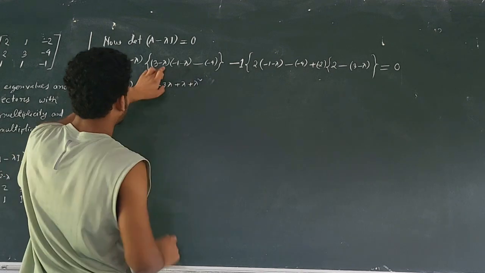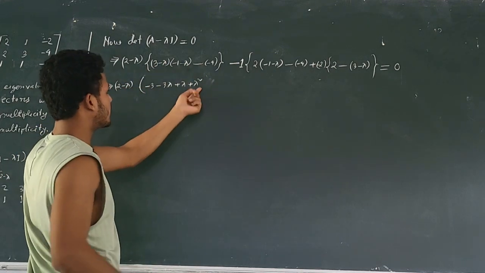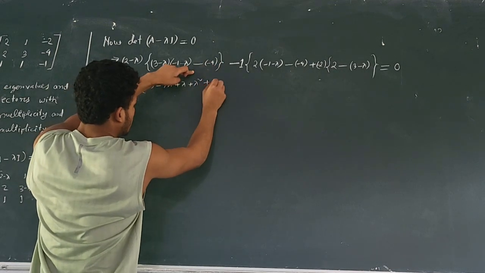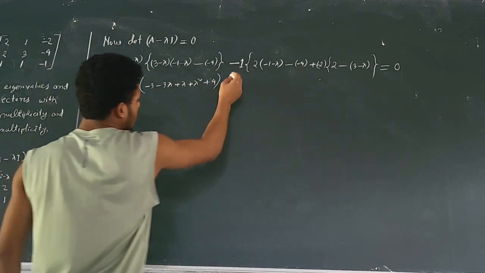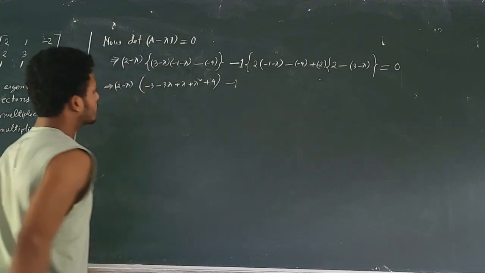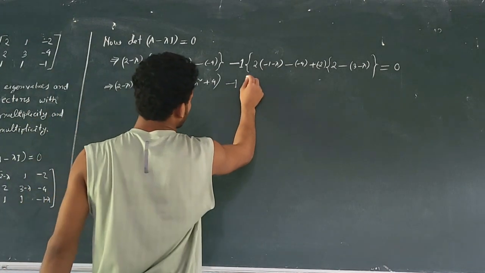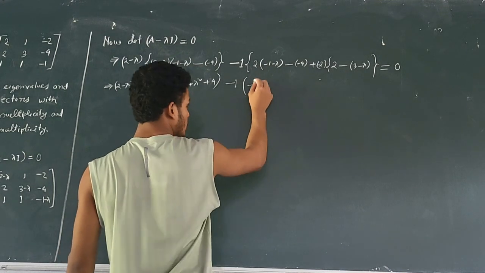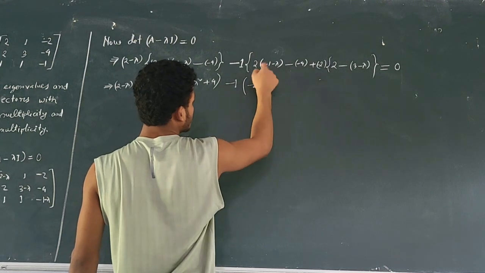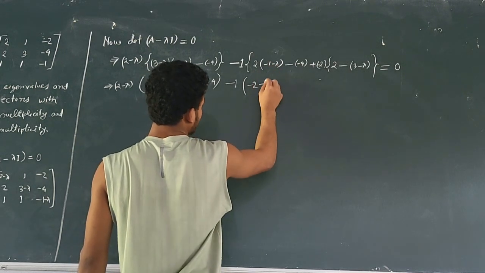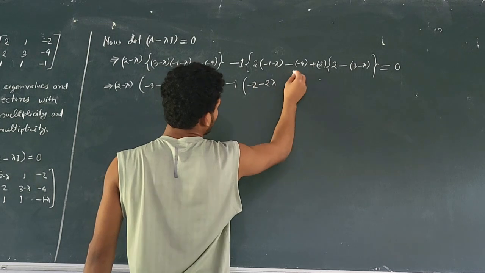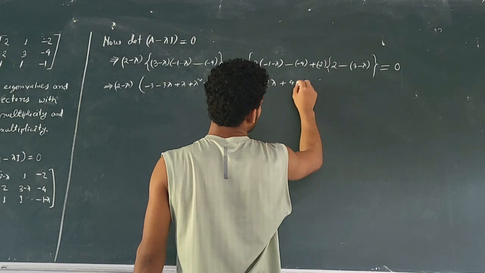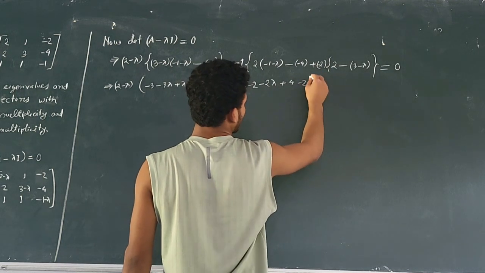Lambda into this, minus lambda into minus lambda square, and here also minus minus plus 4. Minus 1 into this bracket will come 2 into minus 2 minus 2 minus twice lambda. This will be 4 plus 4, and this is minus 2.